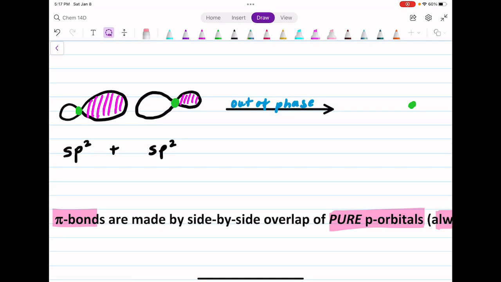As I bring these two together, right, what's going to happen is these wave functions on these two lobes that are not in phase with one another, as they come into contact with one another, they basically squash that wave. They cancel it out and make it zero. So as we bring these into proximity, just like we did the other ones, now those wave functions in the middle are basically canceling one another out.